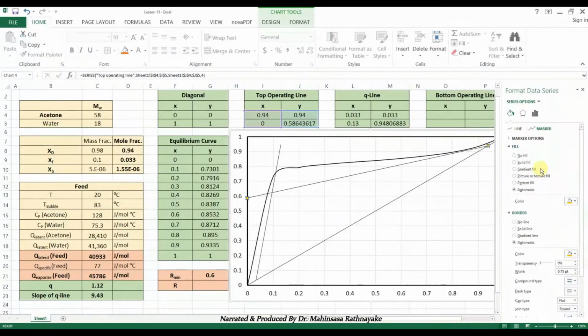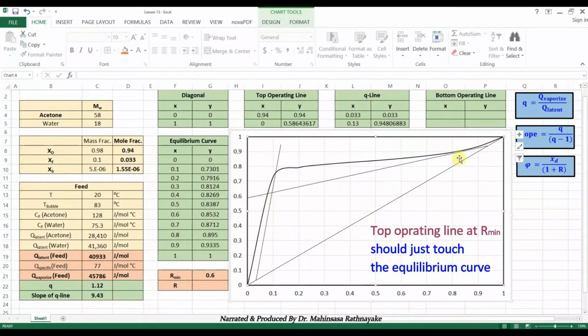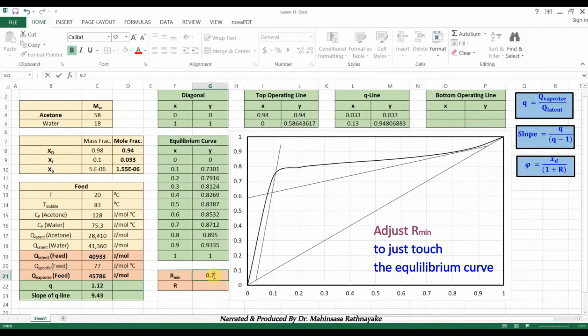The condition of minimum reflux occurs where the top operating line just touches the equilibrium curve. We can see that the top operating line that we have drawn is slightly away from the intersection point of the Q line and the equilibrium curve. One advantage of using Microsoft Excel is that we can change this assumed minimum reflux ratio value to obtain the correct top operating line.